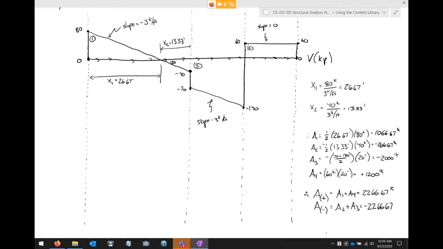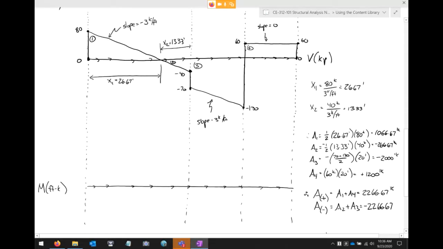Now, let's do the moment diagram. So here's our horizontal line. Oh, I can do better now. All right, so I'm actually going to put the label over here because I'm running out of room on the right.